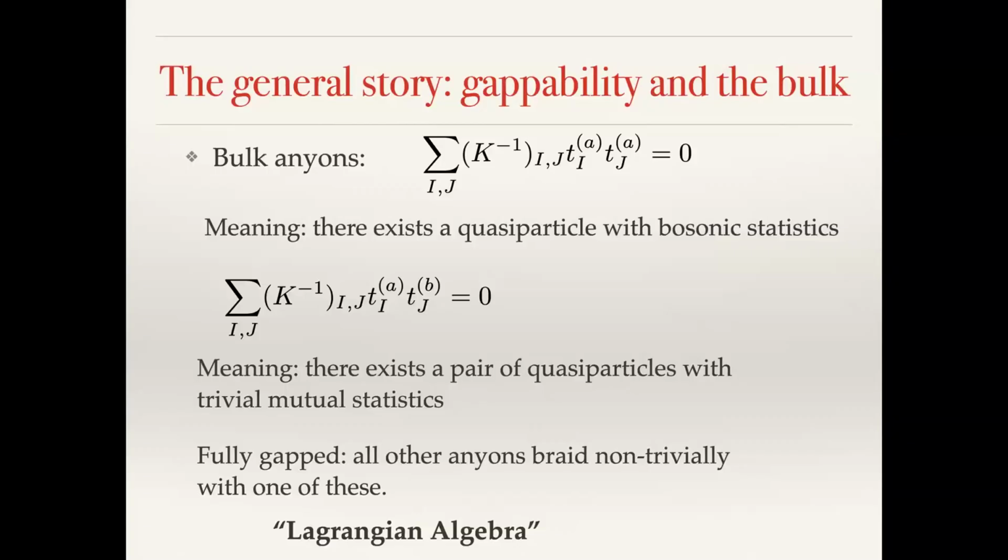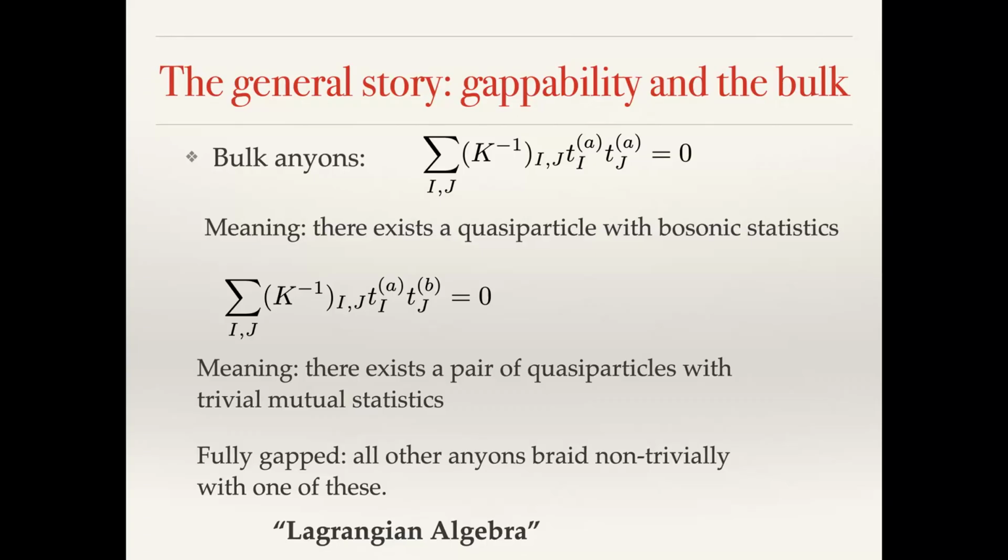And the second criterion basically means that if I'm going to have cosine terms associated with the TA vector and the TB vector, and they simultaneously are going to have expectation values, that means that the mutual statistics between the quasi-particle associated with A and the quasi-particle associated with B are trivial.